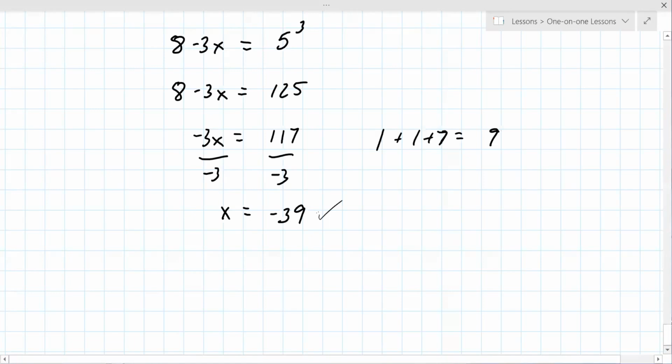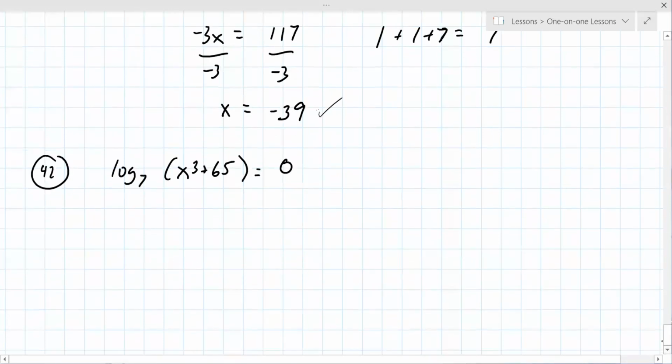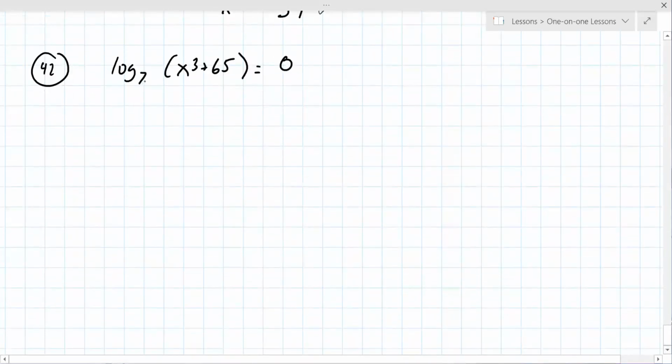What's next? Number 42. Log base 7 x cubed plus 65 equals 0. So again, you're going to undo the log base 7 with 7.